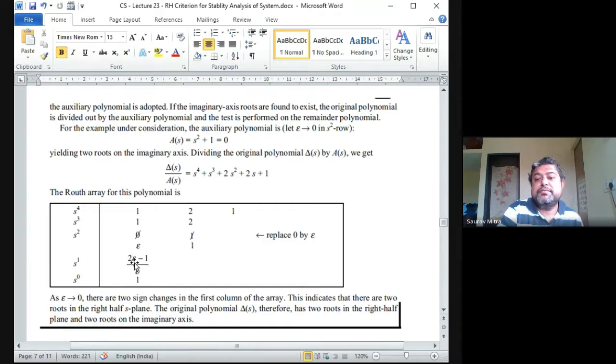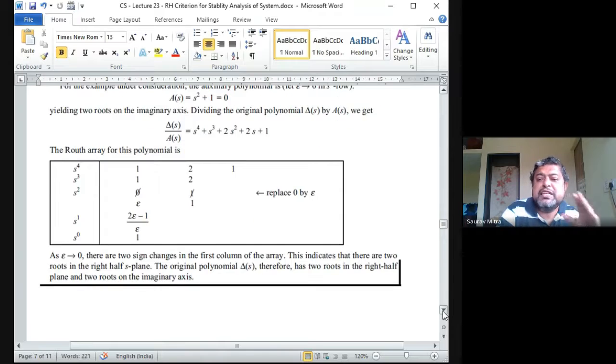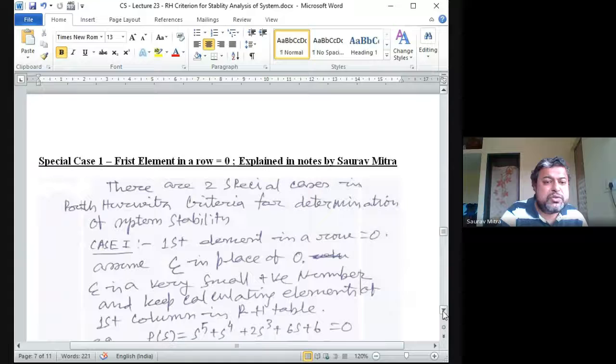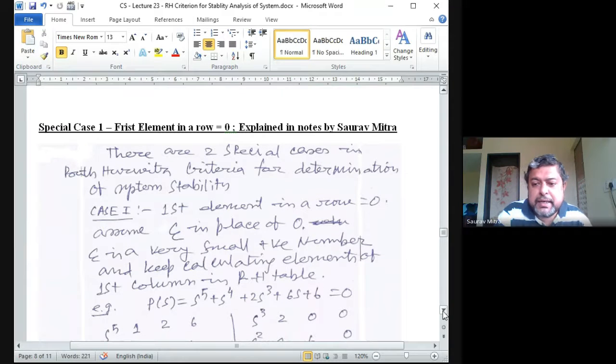This is again negative because 2 epsilon minus 1 by epsilon, for epsilon tends to 0, is negative. That means there are many negatives in the first column, so very easily you can say that the system is unstable. So that was the first special case, where the first element in a row is becoming equal to 0.